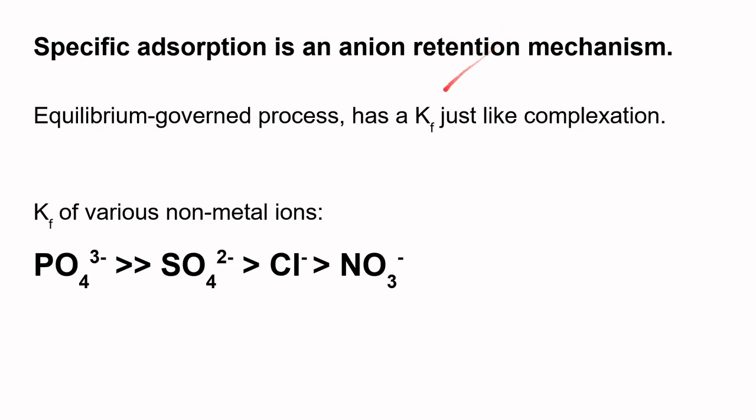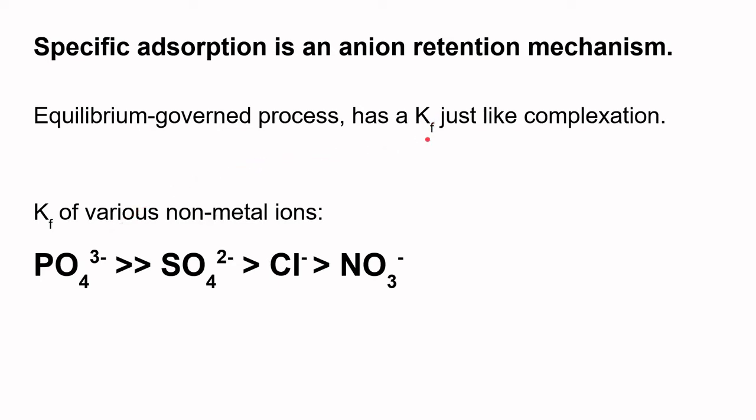So it's an equilibrium process. You'll have equilibrium constants that govern the amount of potential sorbing ligand in solution versus sorbed ligand on the specific exchange complex. And so there is a general trend for how strongly these things sorb, or how large their equilibrium constants are.